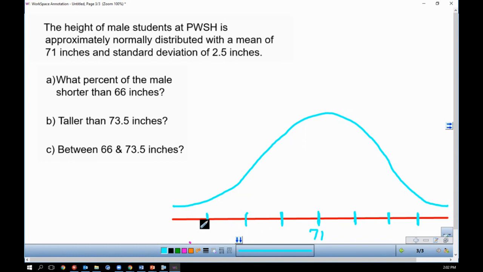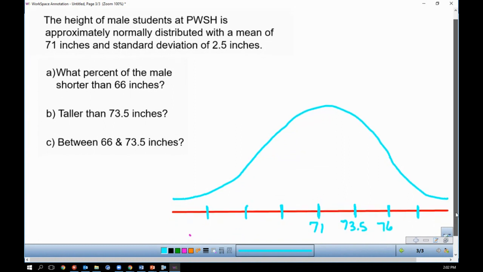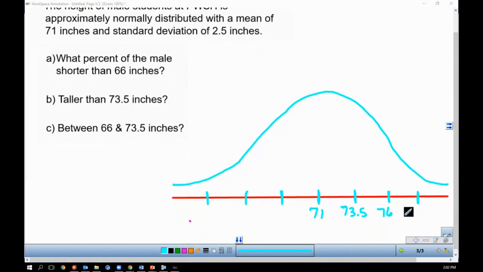Okay, so if I add 2.5 to 71, what do I get? 73.5. I'm going to add 2.5 again, what do I get? 76. Add 2.5 again, what do I get? Okay, there's the upper end. Now, go in reverse. So subtract 2.5 from 71. 68.5.